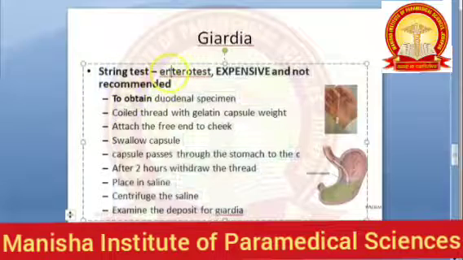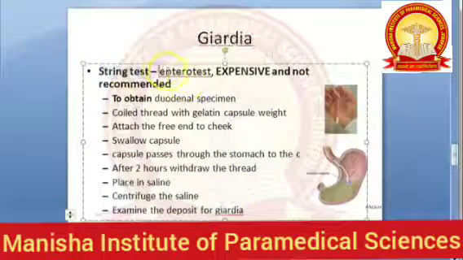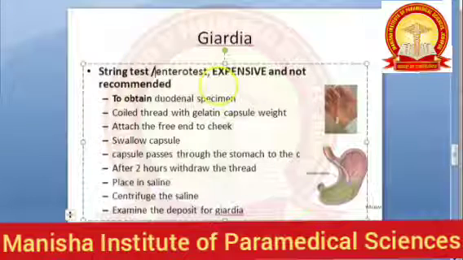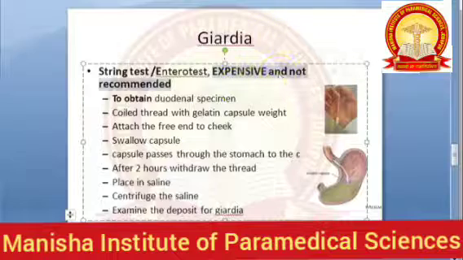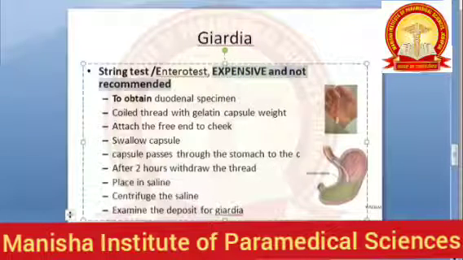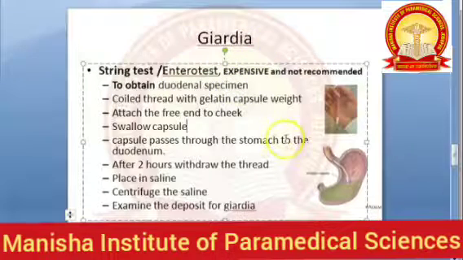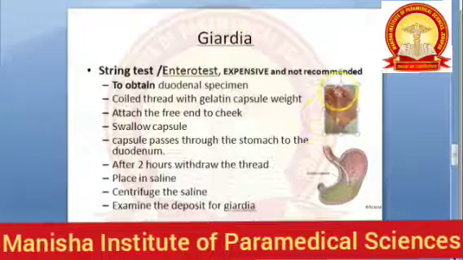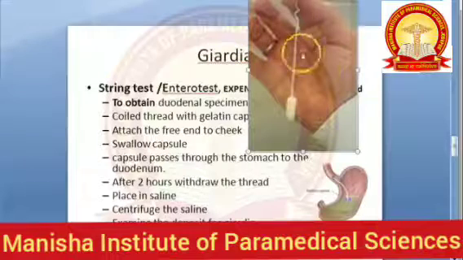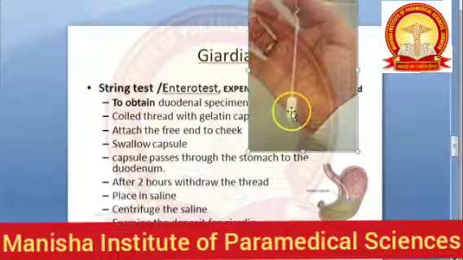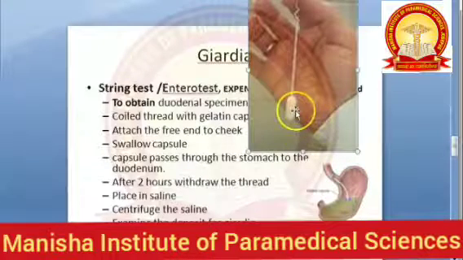Now, there's something called the entero test or string test. You should know these two words, entero test or string test. This is expensive and not actually recommended, but it is an interesting thing to know for Giardia lamblia. They use a curled thread with a gelatinous capsule at the end, which acts like a weight.